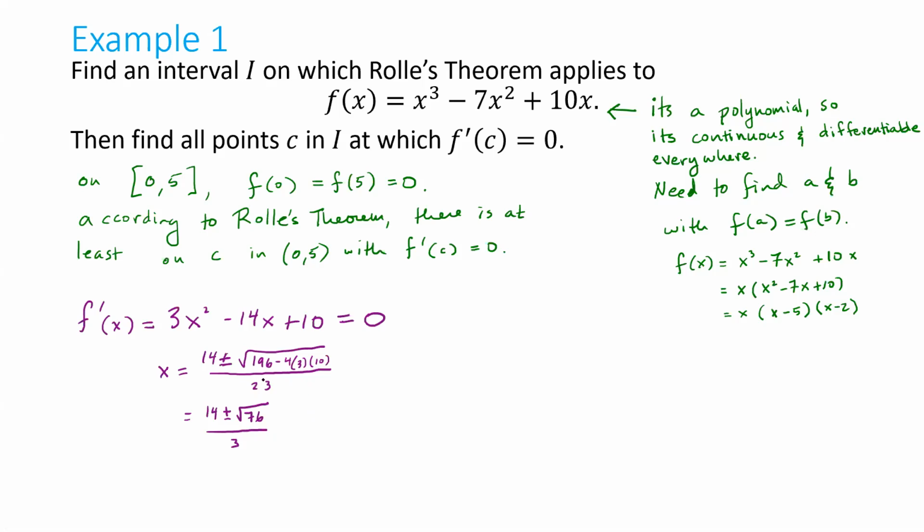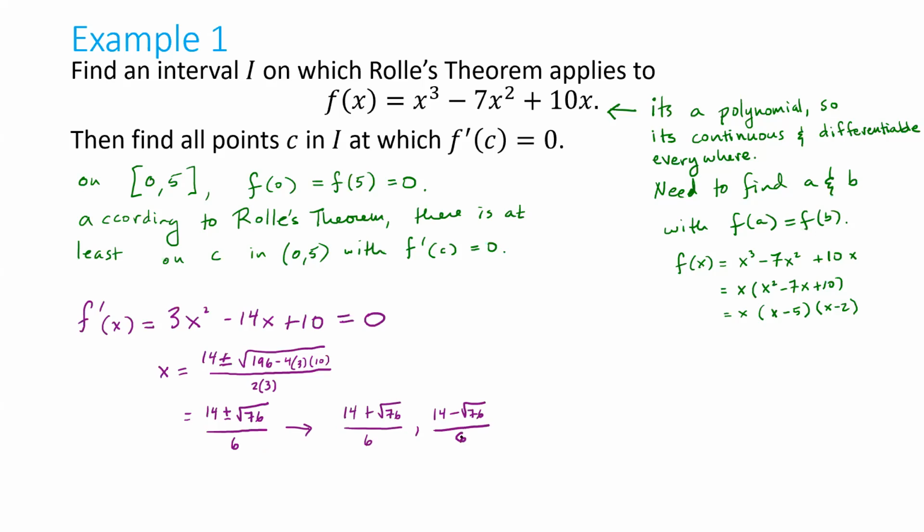So 196 minus 120 leaves me with 76. So you get 14 plus or minus the square root of 76, over 6. You can see here there would be 2 points: 14 plus the square root of 76 over 6, and 14 minus the square root of 76 over 6.